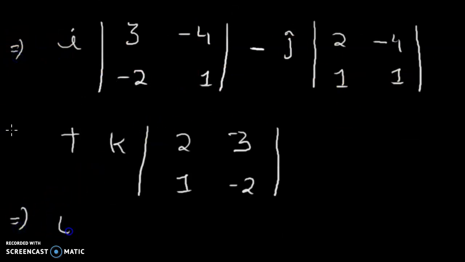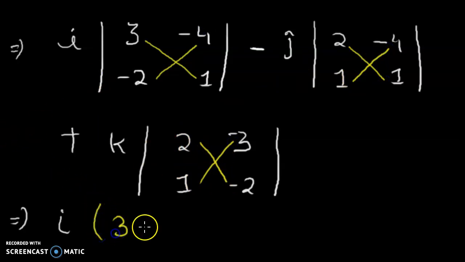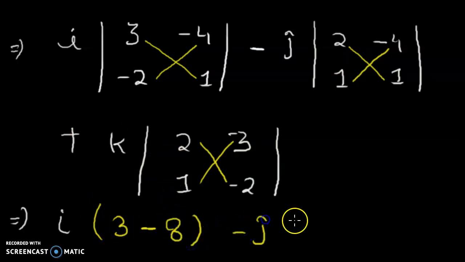Now solve it. It goes like this. Concentrate on the yellow. 3 multiply 1, negative times this multiplication. This multiply negative times this multiplication. So 1 is 3, minus 4 minus 2 is 8. So negative 8, minus j cap. 2 times 1 is 2.